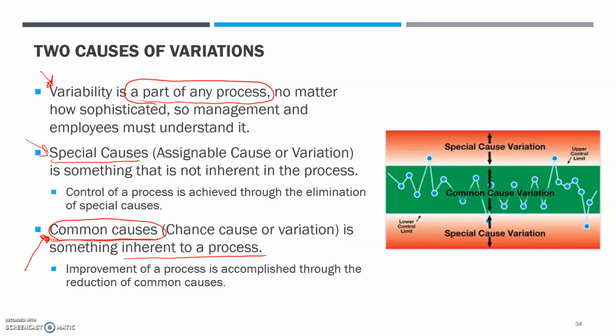But a special cause is when something happens that goes beyond what you normally expect from the process, and then you can actually assign the cause to a specific person, a specific machine, or some other factor.